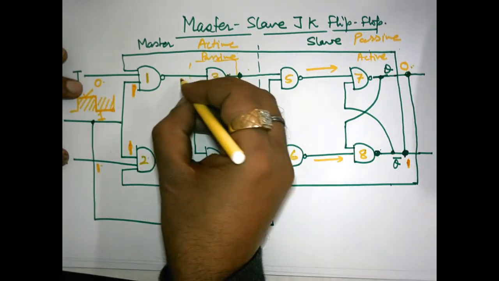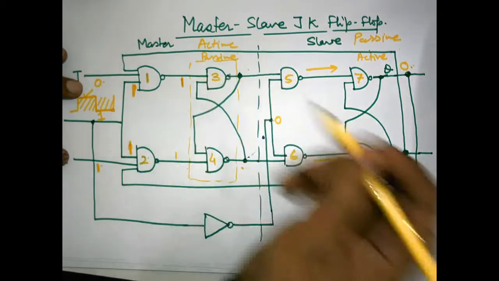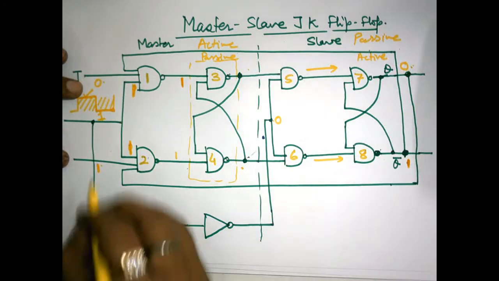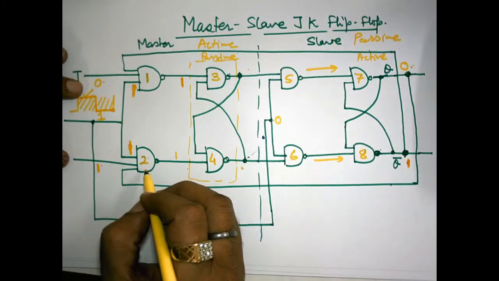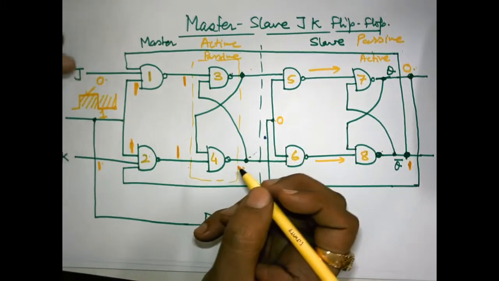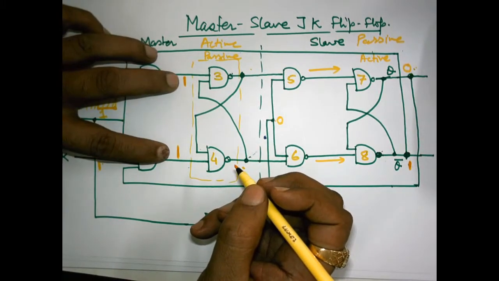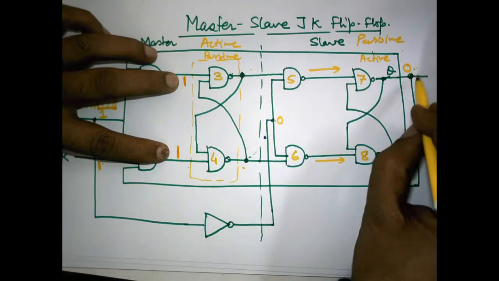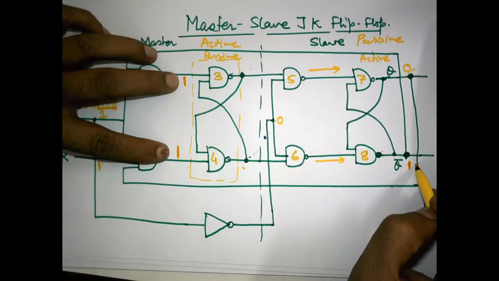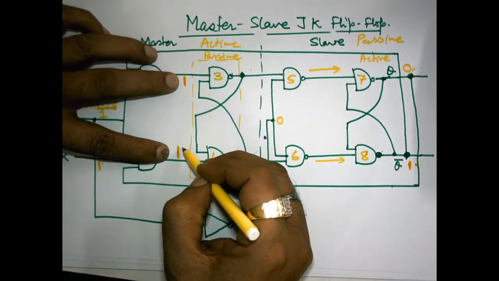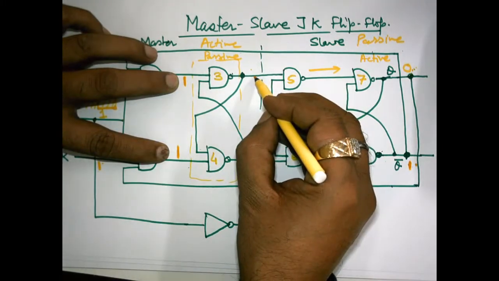So definitely it will be 1 at this point. And what will appear over here? 0 is fed back, and this 0 will make it 1. And this 1 1 1 1 means what has been there to make this situation 0 1, that will remain over here. 1 1 means there will be no change at the point over here.